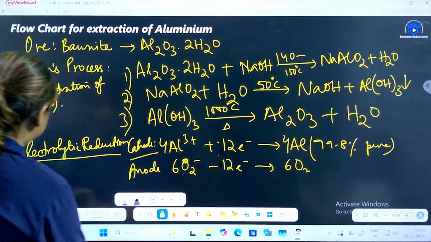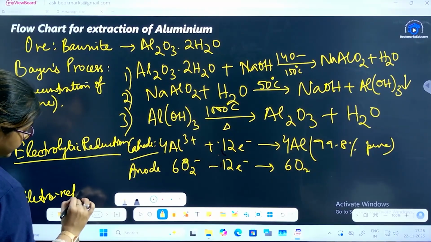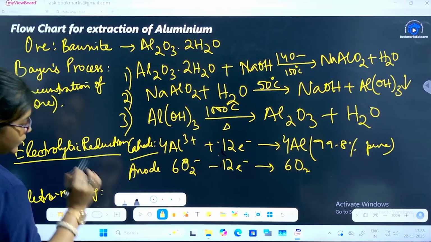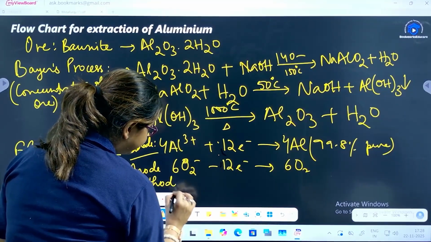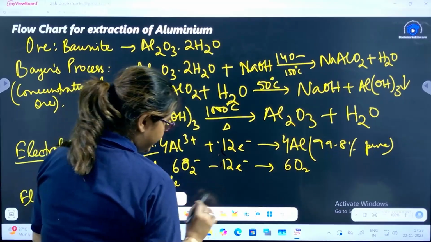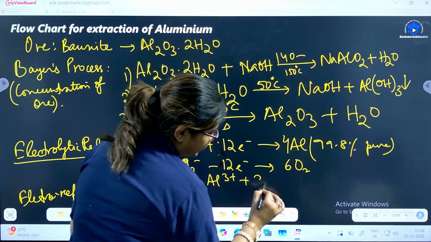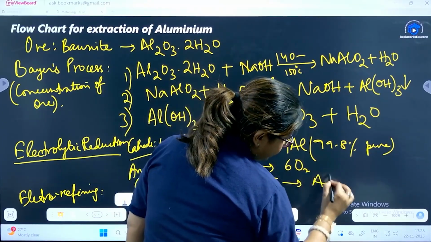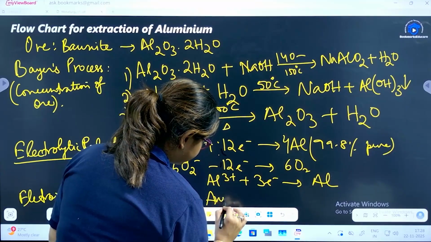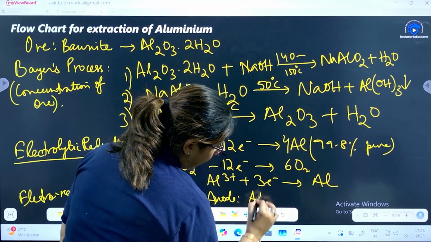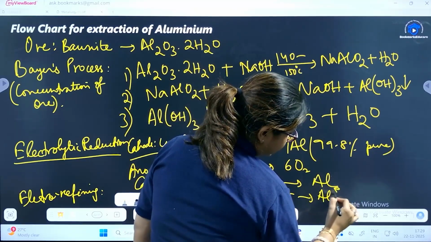Okay. Next, the last step is electro-refining, where at the cathode, what will happen? Al3+ will take up 3 electrons to give pure Al, and at the anode you have Al minus 3 electrons to give Al3+.